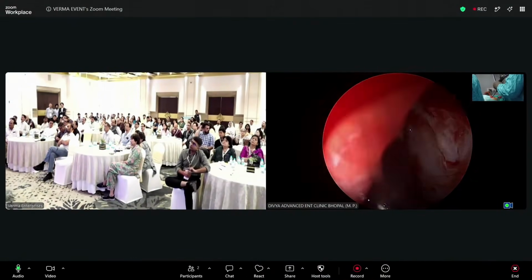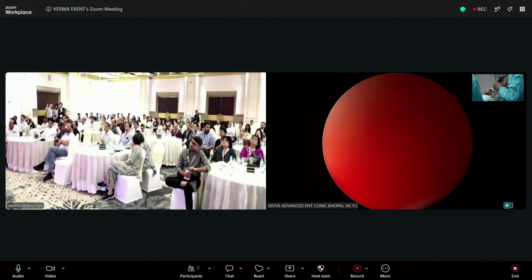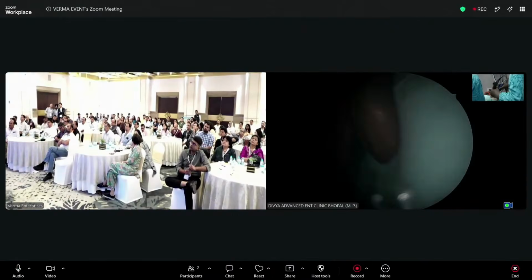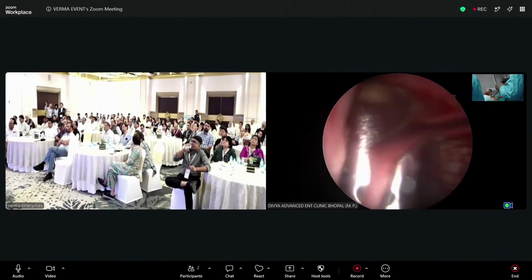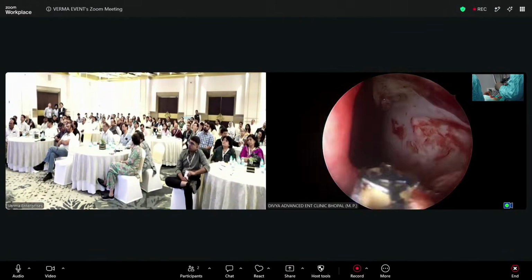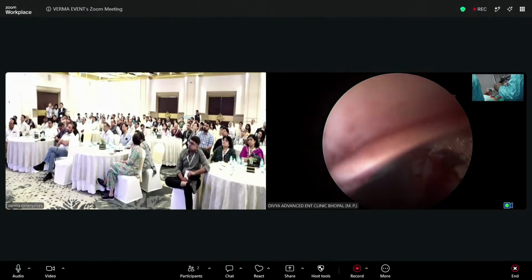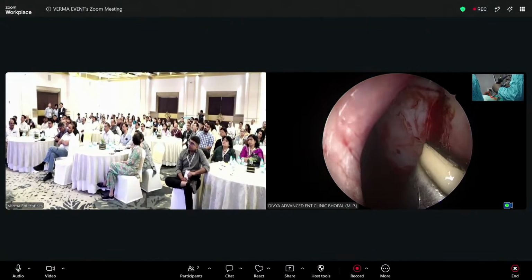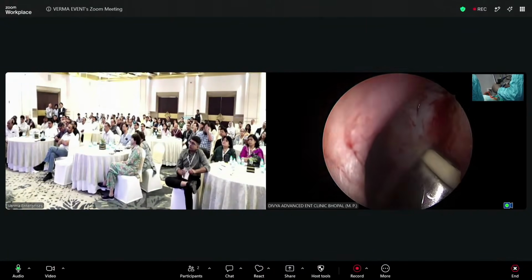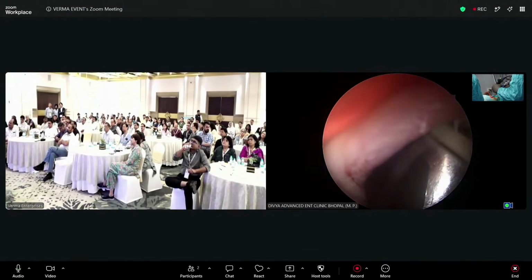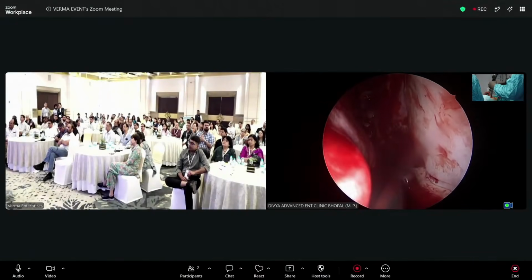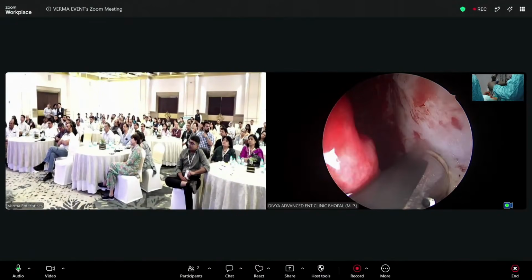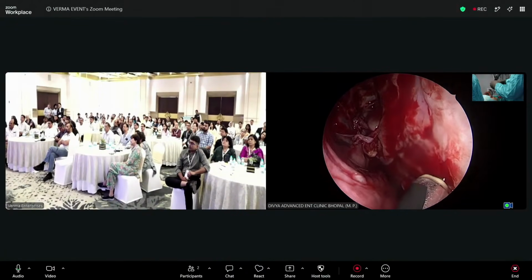You can cauterize them from the area where you have elevated, the septal margins, because they can keep on bleeding otherwise. So I can easily cauterize the margins to prevent post-operative oozing.